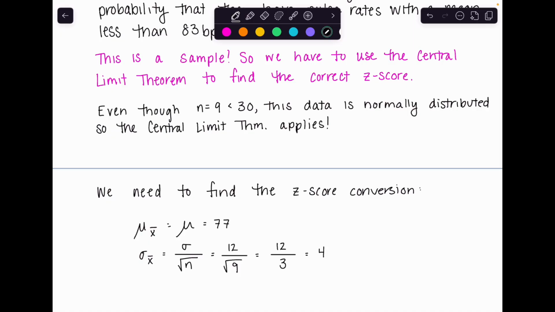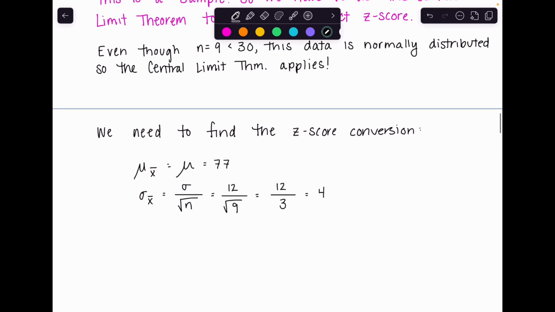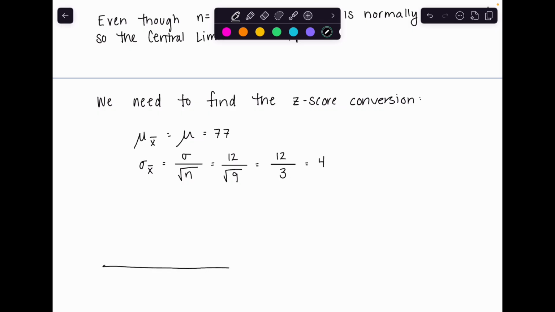Okay. So ultimately, I have a new z-score that I'm going to find based on this data. I'm still looking at the same information. If here are my sample data, it's got a normal distribution. 77 is still in the middle, and 83 is still the number I'm looking at.